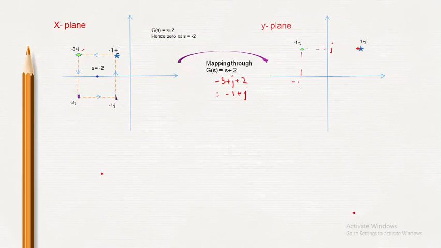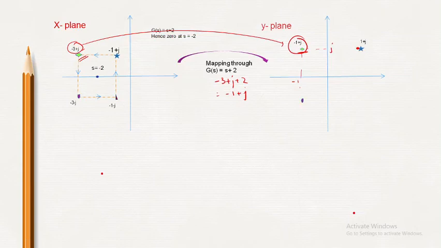So I'll get the same point, which is depicted by a diamond over here. This point, this diamond, has been mapped to this point having the same symbol. So -3 plus j is mapping to -1 plus j in the y plane.